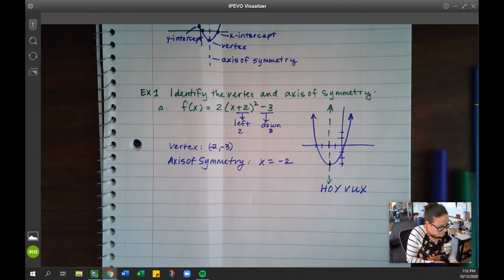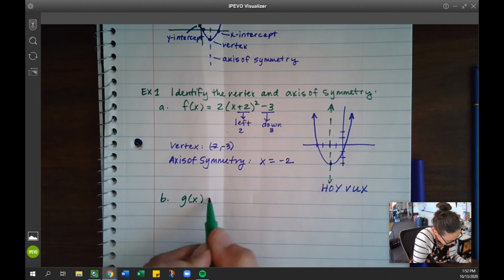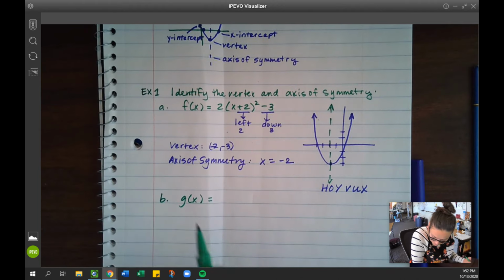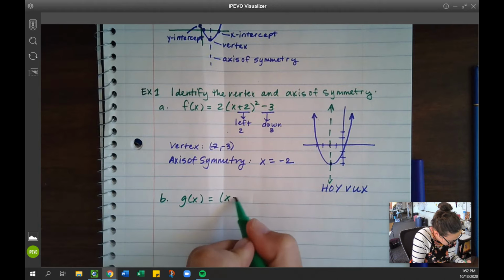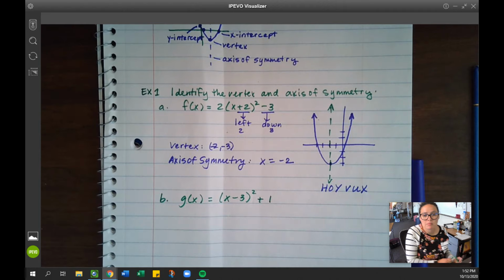All right, part B. G of x equals x minus 3 squared plus 1. I would like you to pause the video and try this one on your own. Find the vertex and the axis of symmetry.